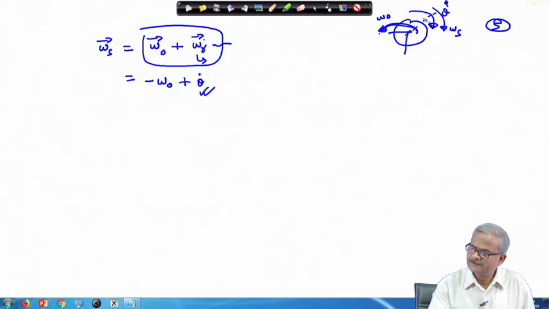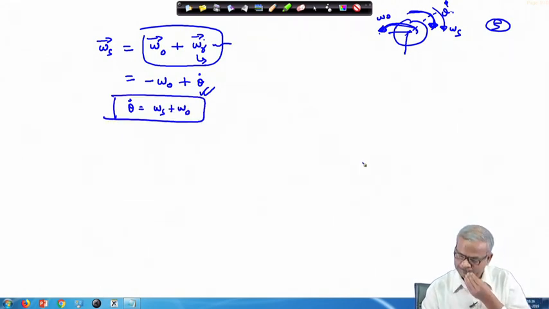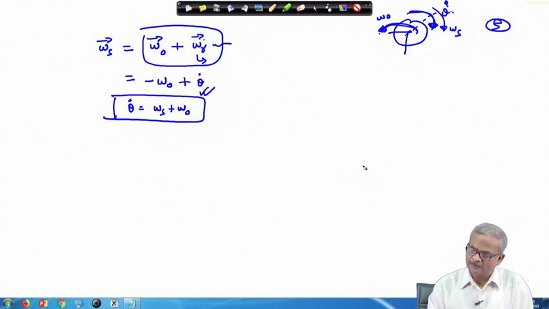So, obviously it will add, and you can see that theta dot will be equal to omega s plus omega 0, because you are measuring theta dot with respect to the orbital axis. Okay. So, something is rotating like this, and then you are measuring with respect to that.